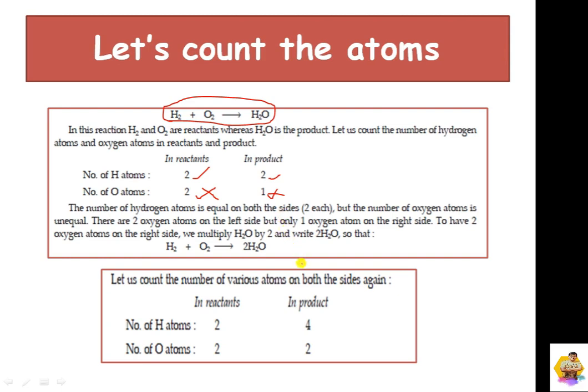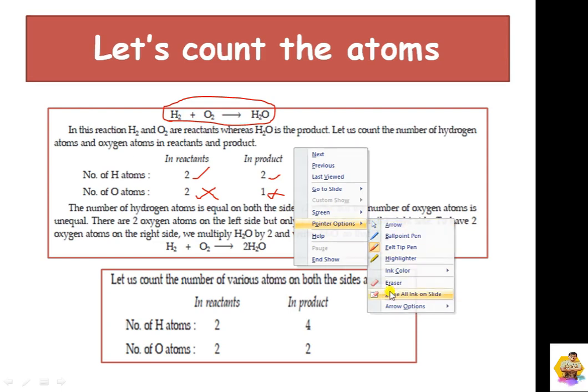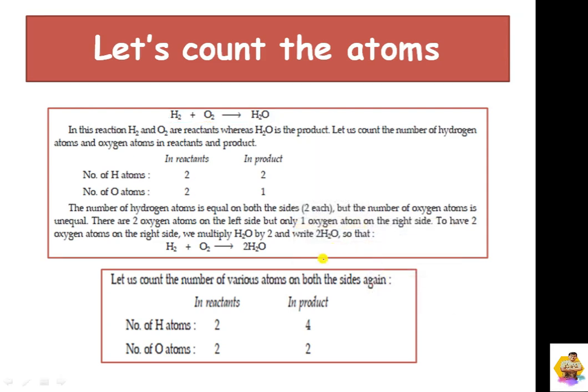So what do we have to do? We have to multiply the H2O, whichever side is needed, with a particular number, 1, 2, 3, 4, 5, 6.